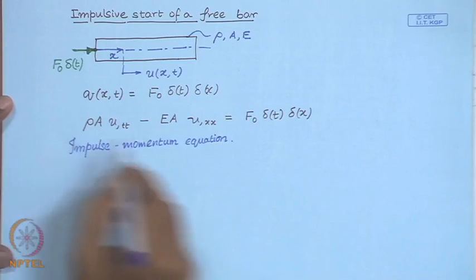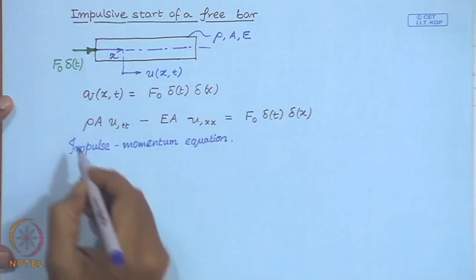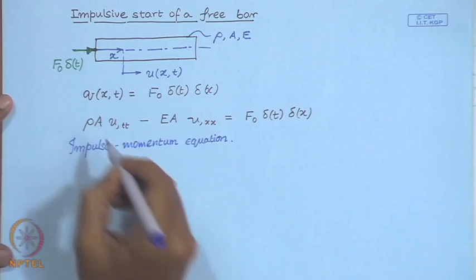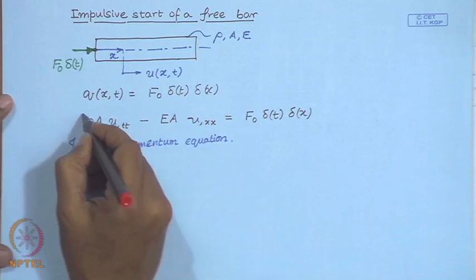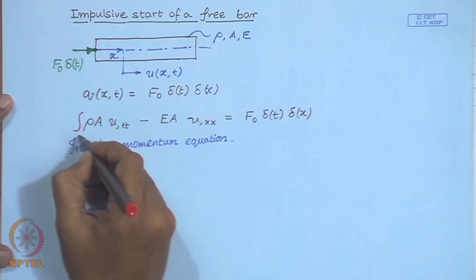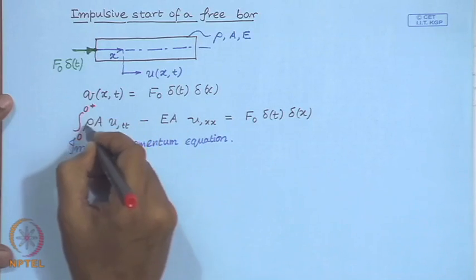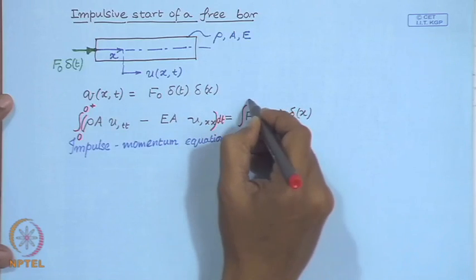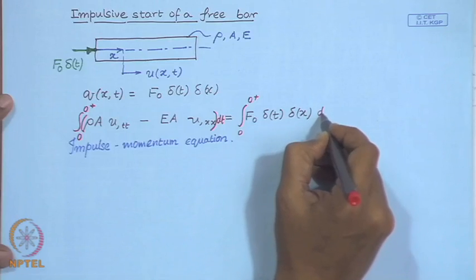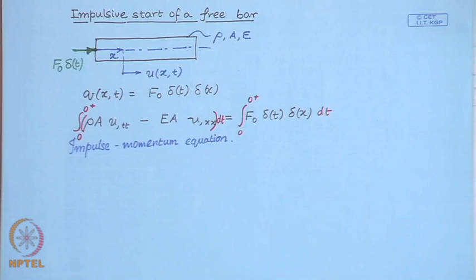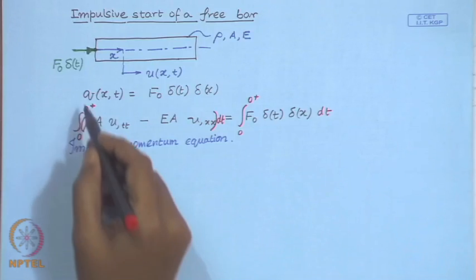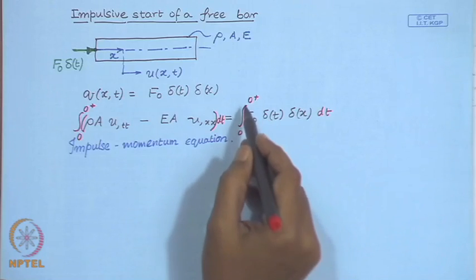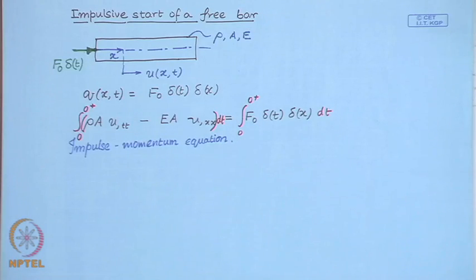This is obtained by integrating this equation of motion over a very small time interval, 0 to 0 plus, so a time just after the impulse has been applied.